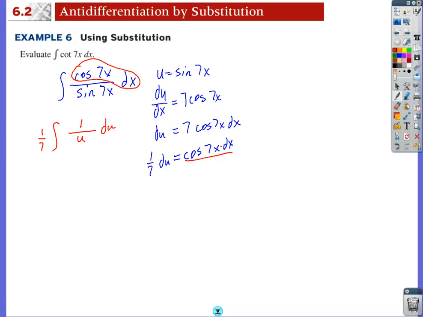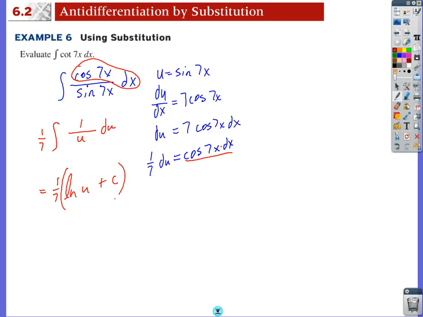Just a 1. Okay. Well, what function gives me the derivative of 1 over u? Oh, well, that's just natural log. So this is equal to 1/7 natural log of u plus c. But I don't want u, again, I want x.